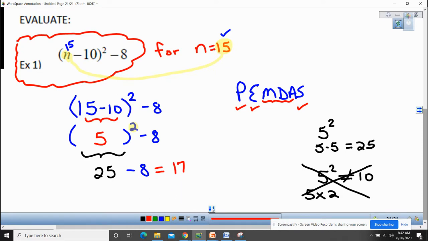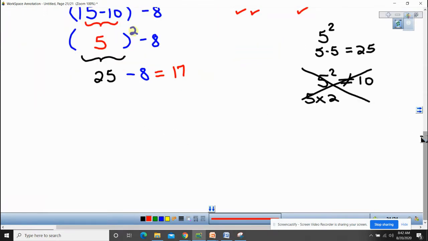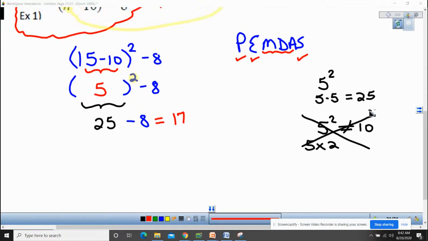So just so you know, it's easier for me to teach you right from the beginning how I'm going to write answers. So FA equals 17 means final answer. I'm not going to write out those words, final and answer, every time. So on my notes, when you see FA, it means final answer equals 17.